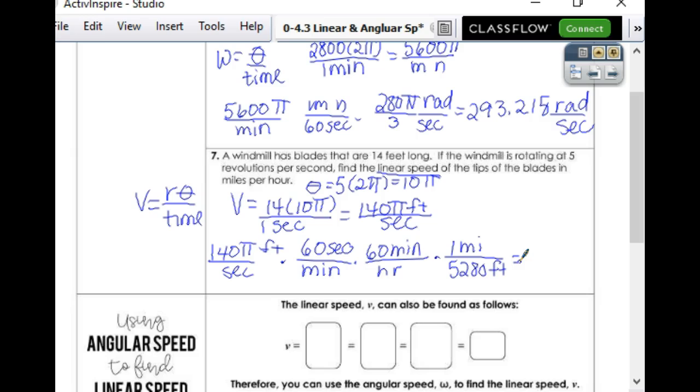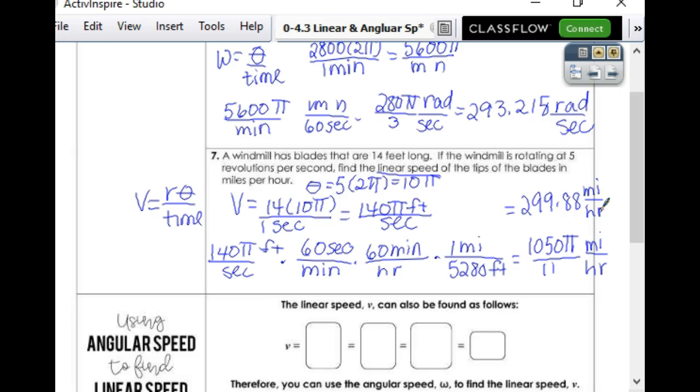So check it on number 7. Multiply 140, 60, and 60, and then divide by 5,280. So these really aren't that hard, right? Can we agree these are not hard at all?